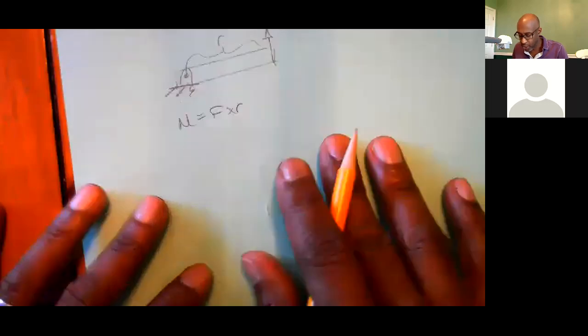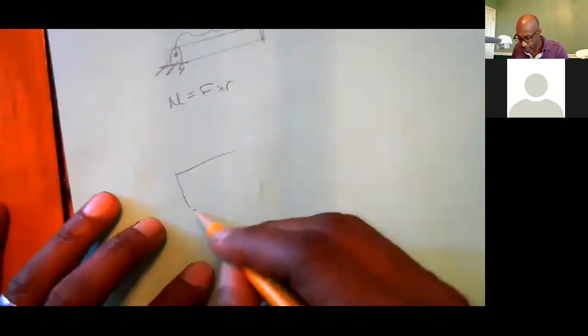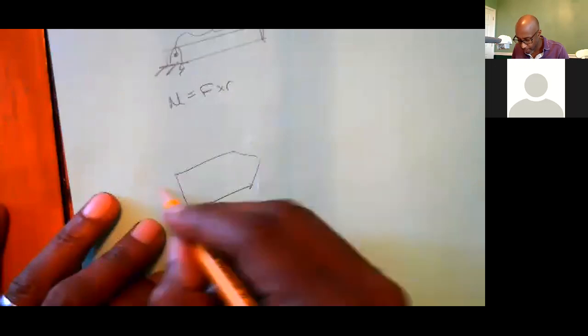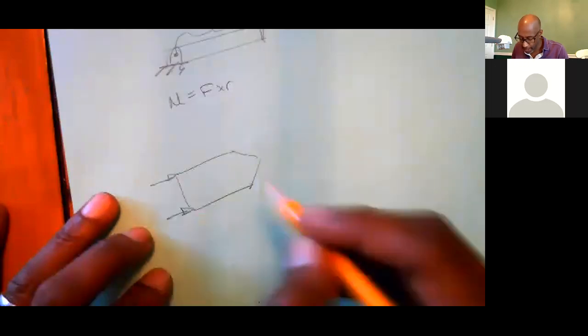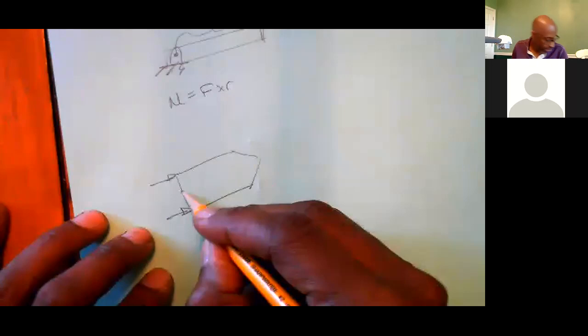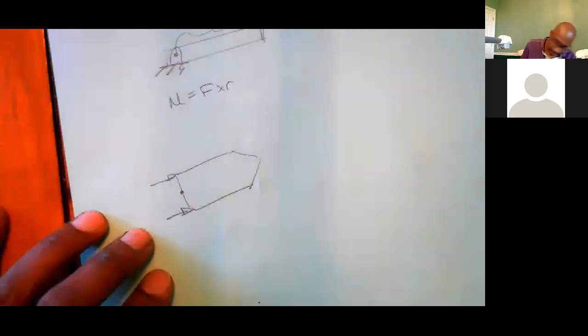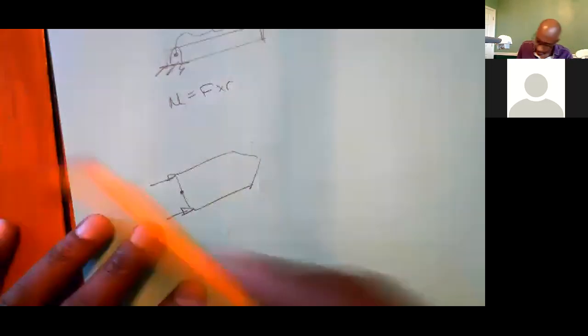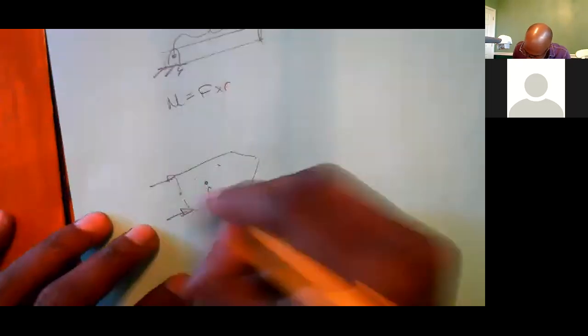Now, in this situation, you have a force here and a force here. You're talking about the moment about G? Okay. G is a little further up. I think this is A back here.